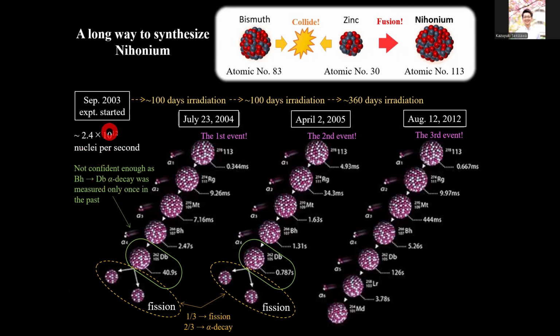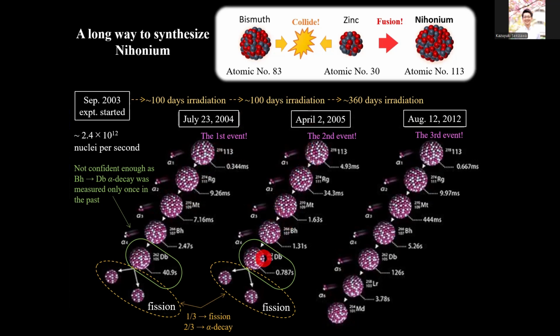So it is an enormous amount of nuclei. They started the experiment in 2003. After 100 days of irradiation, they got the first event. Then after another 100 days of irradiation, they produced a second event.